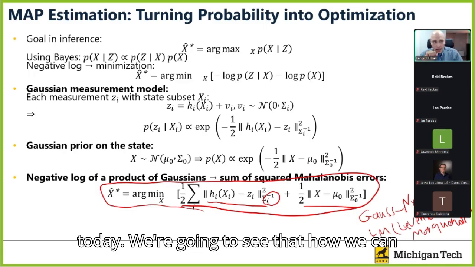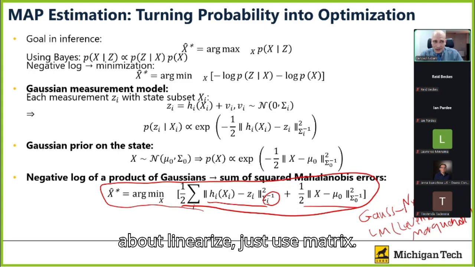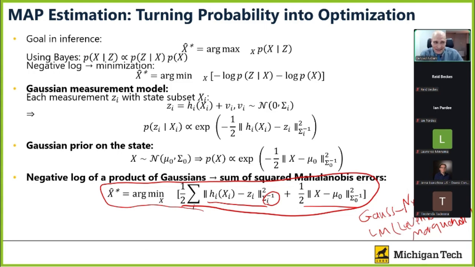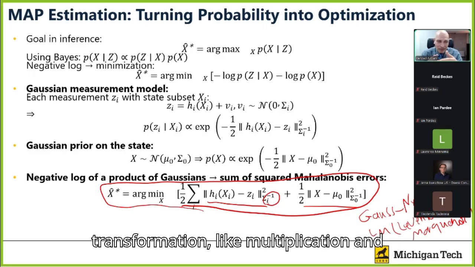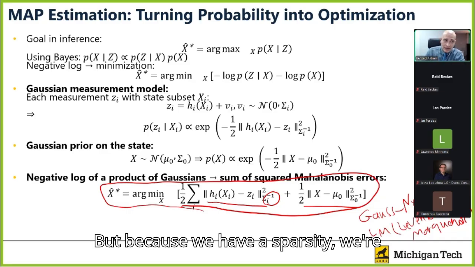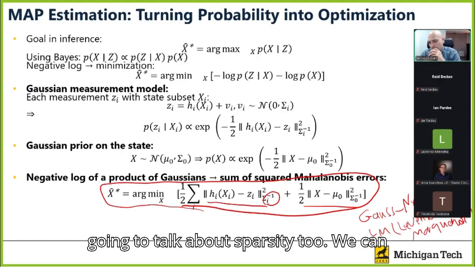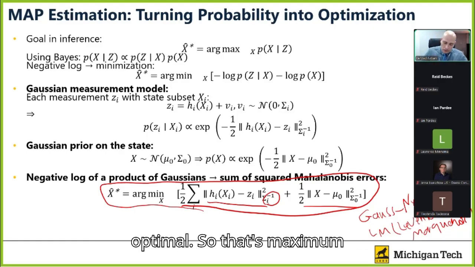We're going to see how we can linearize that, just using matrices. You use multiplication of matrices and transformation, like multiplication and inversion. We have some inverses as well, but because we have sparsity, we're going to talk about sparsity too. We can do that very fast. We can do that very optimally. So that's maximum a posteriori.